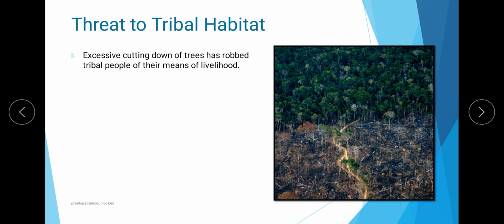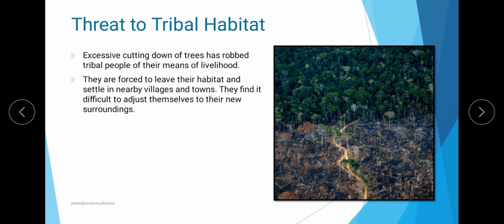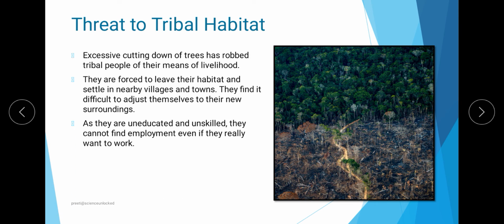Now what will happen is that these people will eventually stop earning their livelihood if we keep on deforesting and cutting down trees to a large extent, because they will lose their habitat and have to move to nearby villages and towns. In such a scenario, it will be difficult for them to adjust to the modern world, because they are uneducated as per the modernized and urbanized world, and they are unskilled for that process.